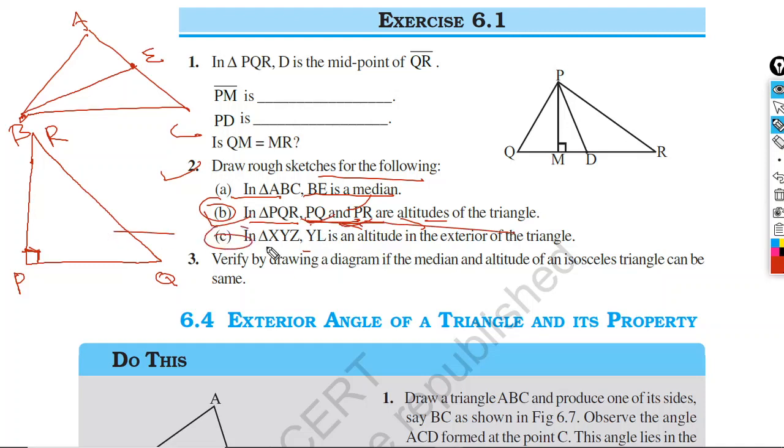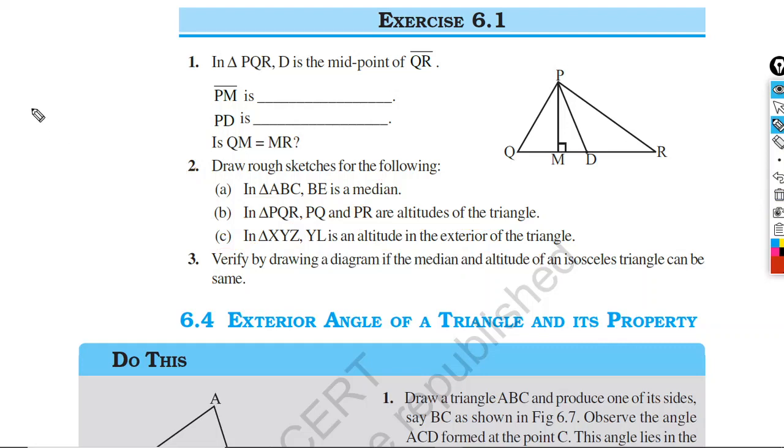Now, triangle XYZ, where YL is an altitude in the exterior of the triangle. Okay, so we have to draw, you know, an exterior altitude, that means the triangle must be an obtuse angle triangle, and YL is the altitude.